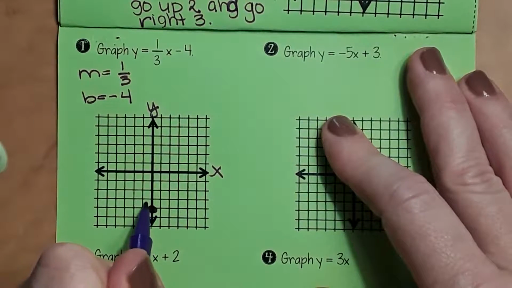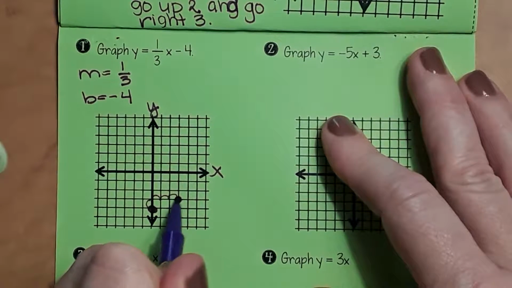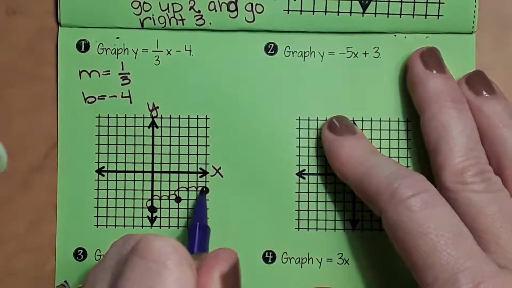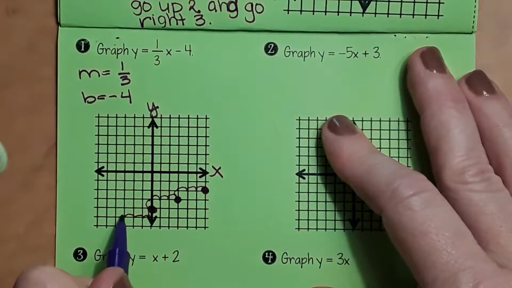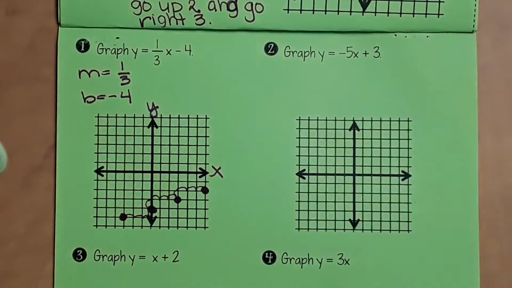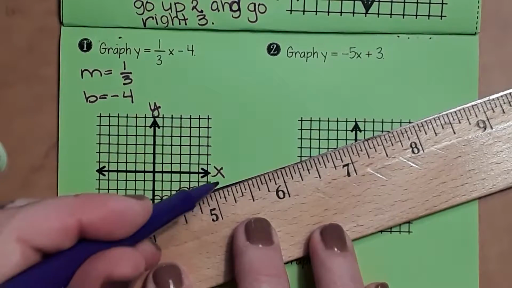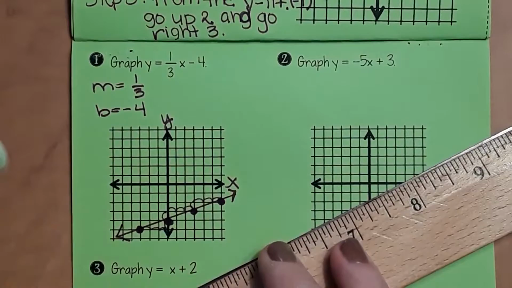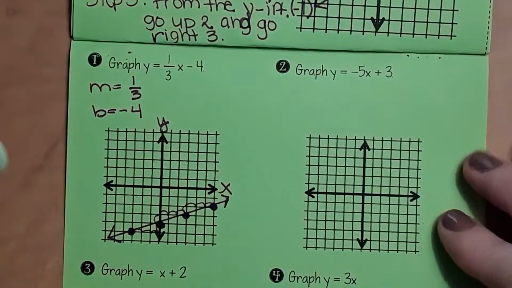It's a positive slope. So up 1 and then to the right 1, 2, 3. Up 1, 2, 3. If I can't go up and to the right, let's try to go down and to the left. Down 1 over 1, 2, 3. All right, let's go ahead and connect our points. Again, going past, because with slope, it can go on and on and on, the bigger the graph.